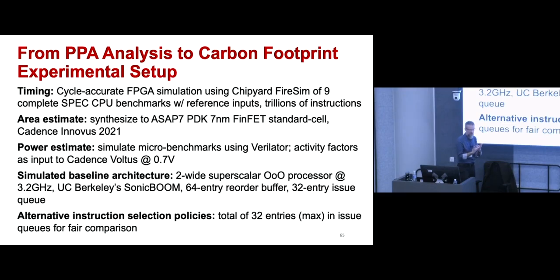We also synthesized these designs to the Chipyard FireSim infrastructure to obtain cycle accurate performance numbers. And then with the performance numbers, with the power numbers, with the chip area numbers, if we combine that with the FOCAL model, we can actually make an assessment of what the sustainability impact is going to be of these instruction selection policies.